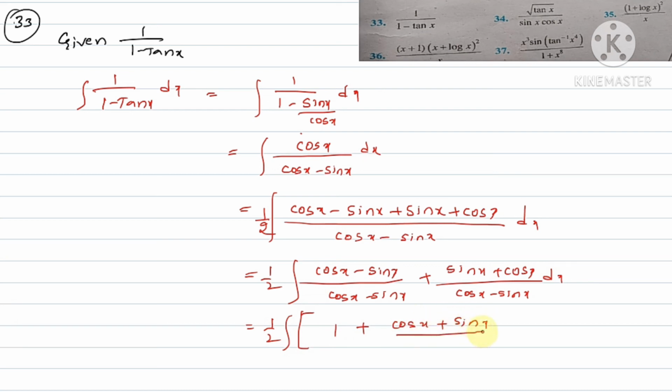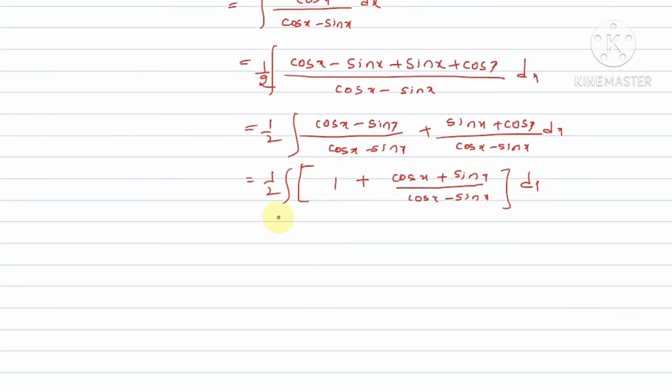So for my convenience, to do the problem, I am writing separately: integration dx plus 1 by 2 into integral sin x plus cos x upon cos x minus sin x into dx.